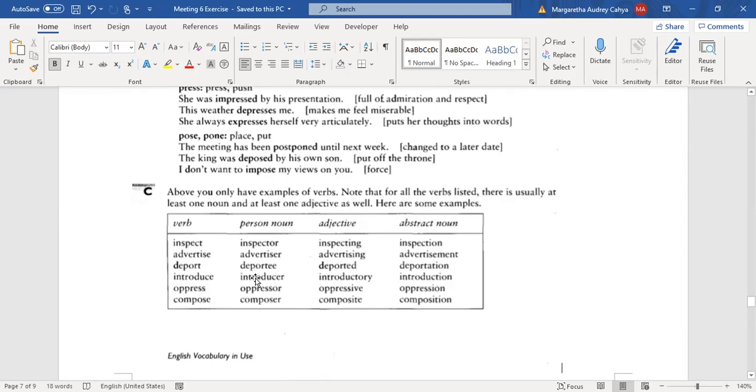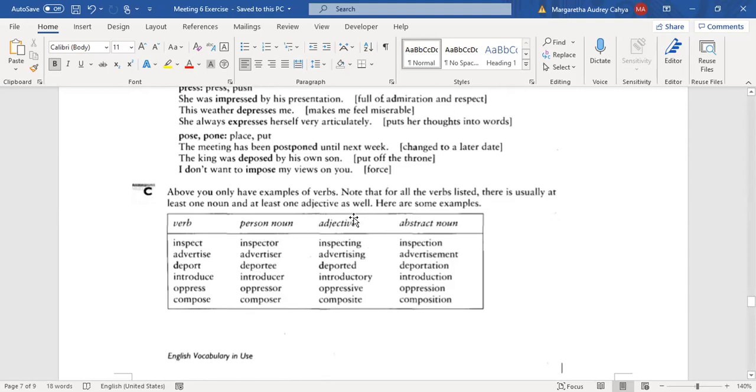Waiter, and then seamsters, and then what else? Doctor. Yeah, most of them have like or or er.